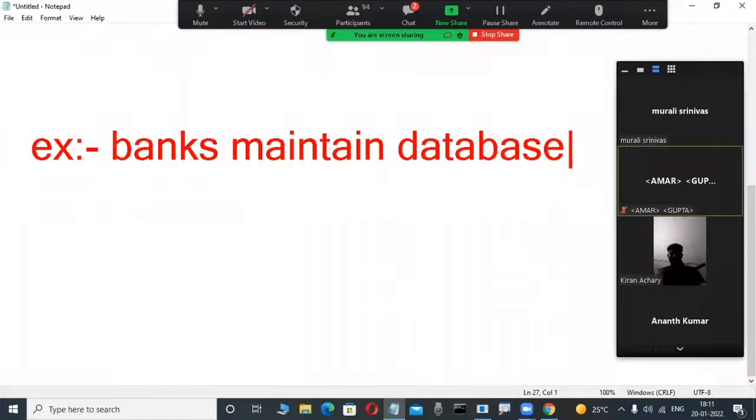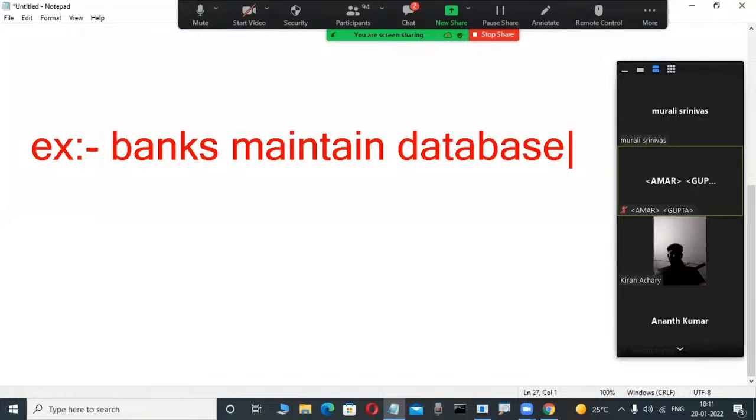Suppose account holders deposit some amount. You are also depositing some amount. Your details, your name, address, phone number, your balance, your account number, are important to store permanently. That's why when account holders or customers deposit some amount, they want to store those details permanently.